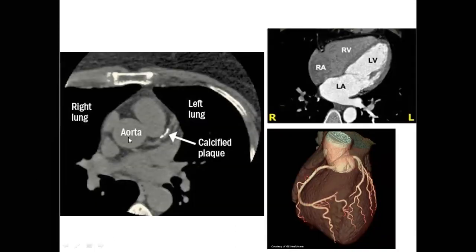So this is how a CT scan without any contrast is going to look like, and this is the soft tissue window, so you can find some explanation about structures. You can see this calcified atherosclerotic plaque in the coronary artery, which is in this case the reason for ischemic disease of the heart.